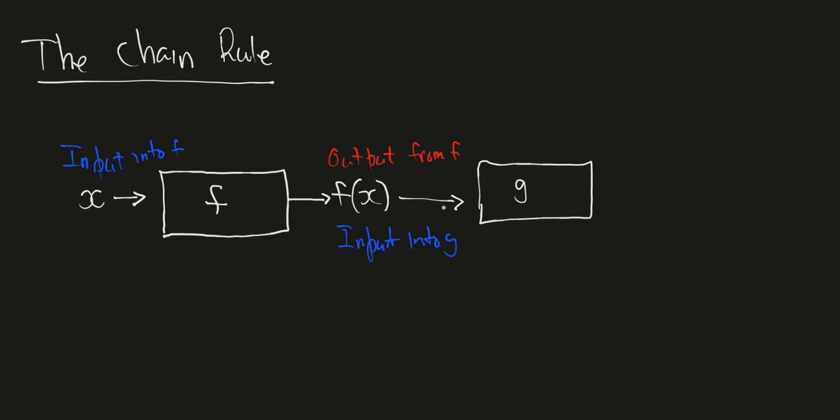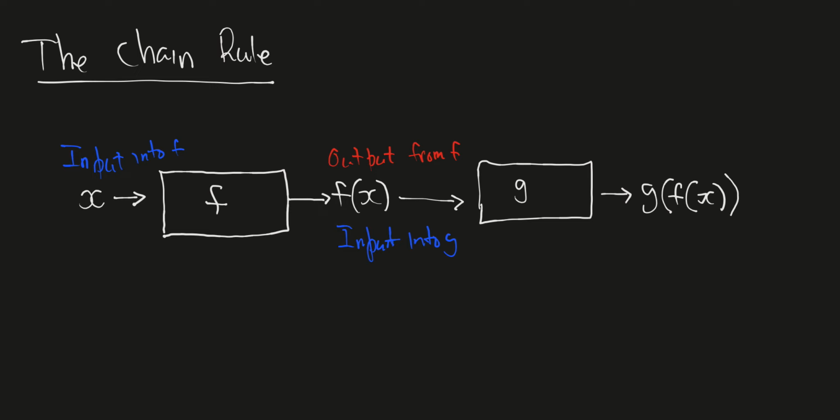And then if we want to continue using this notation, just like how I took this input and it went into this function and I labeled the output like this, then for consistency, and that way everyone understands what's going on, I better use the same notation for this. So then what comes out of the second box here would be g of f of x, right?